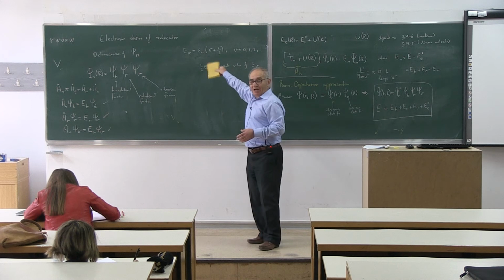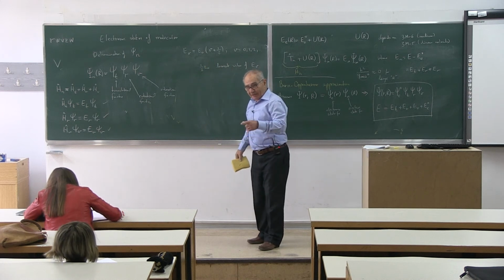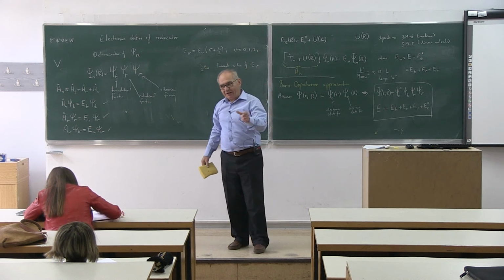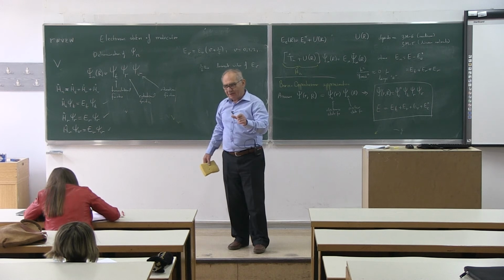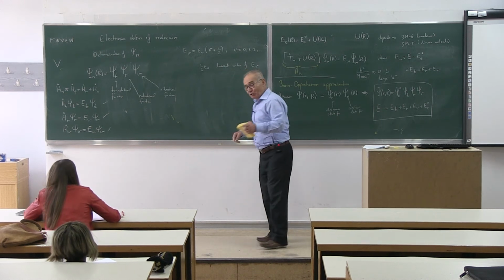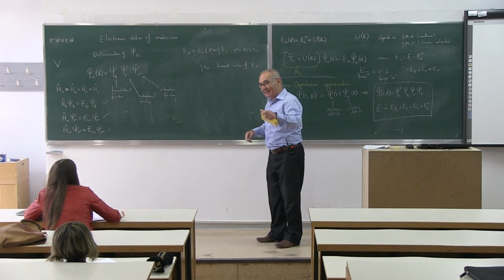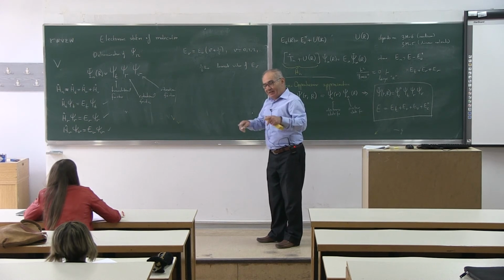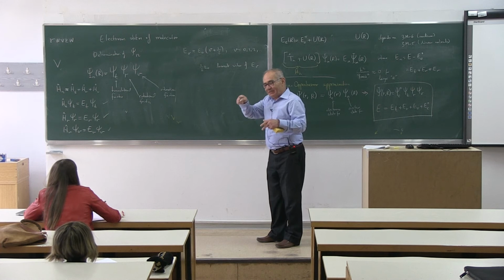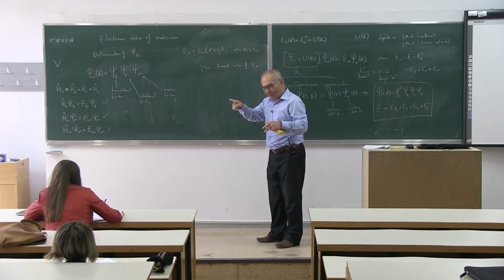This is for a diatomic molecule, but how many vibrations does a diatomic molecule have? A diatomic molecule is a special case of linear. What is the general expression? 3 times m minus 5 for a linear molecule.